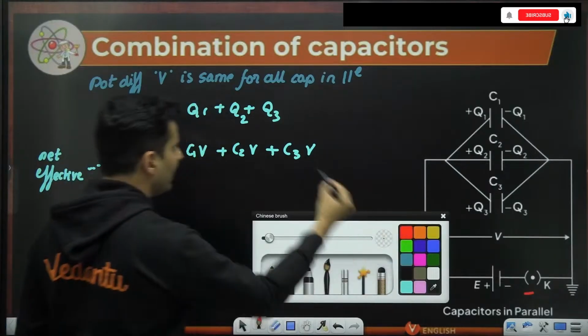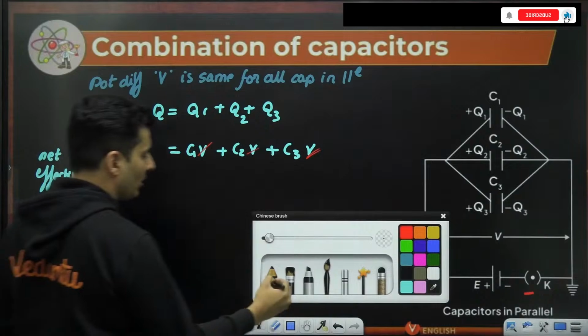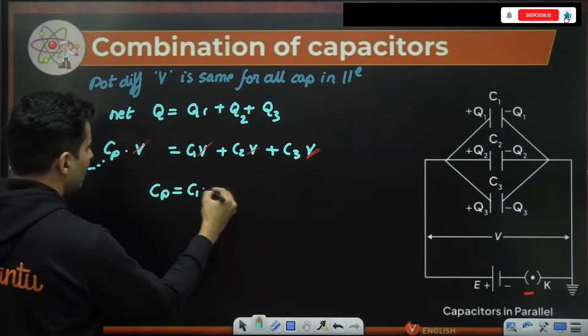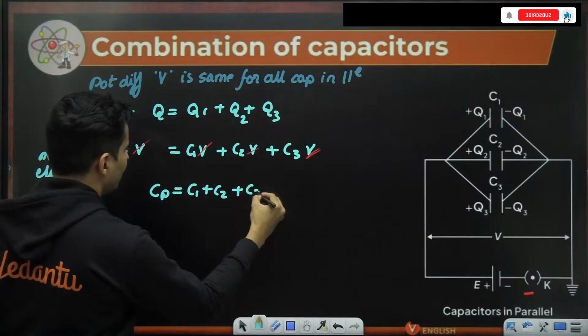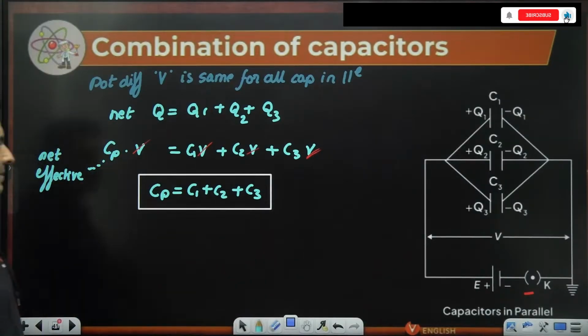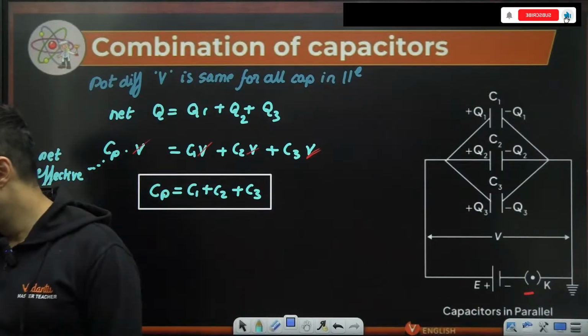As you can see very clearly, voltage has just got cancelled. And I am left with Cp is equal to C1 plus C2 plus C3. Oh my God, that's it. Cp is equal to C1 plus C2 plus C3. Perfect. We got it. Amazing.